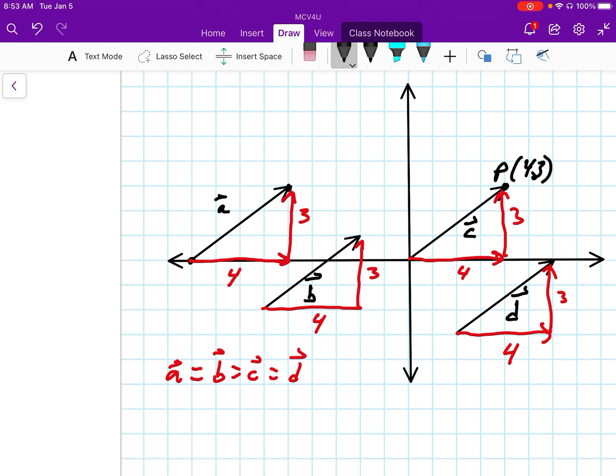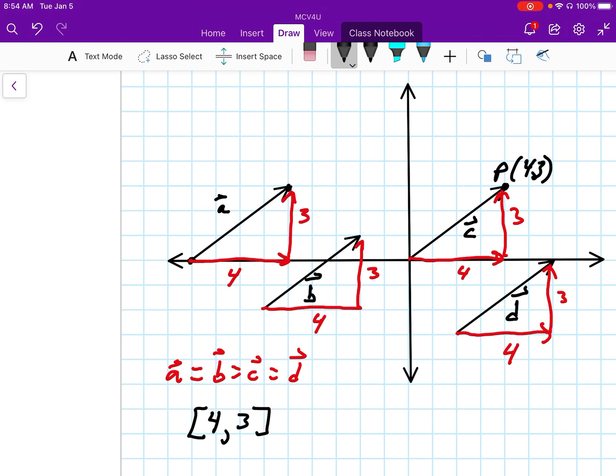Well, in vector world, when we travel, we give components to the vector. We use square brackets to denote our direction, and basically it can give us the magnitude as well. We travel 4 to the right, that's the first x component, and then we travel 3 up, that would be the y component.